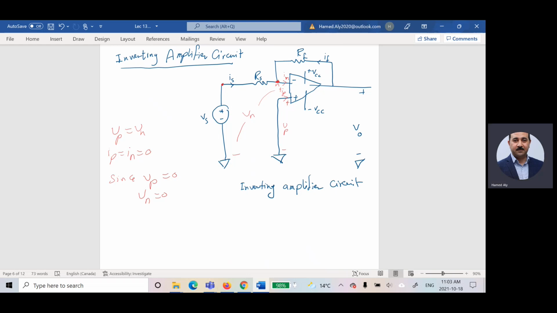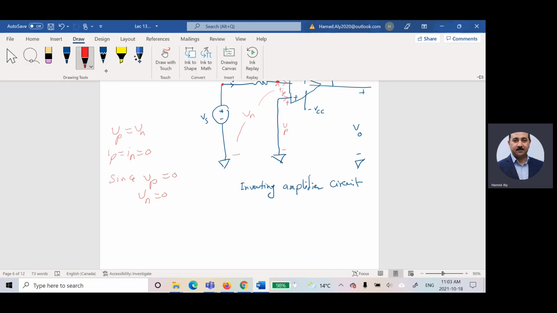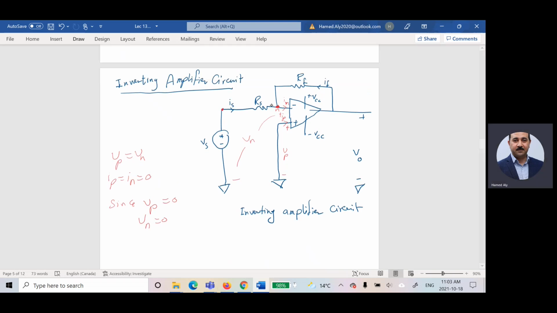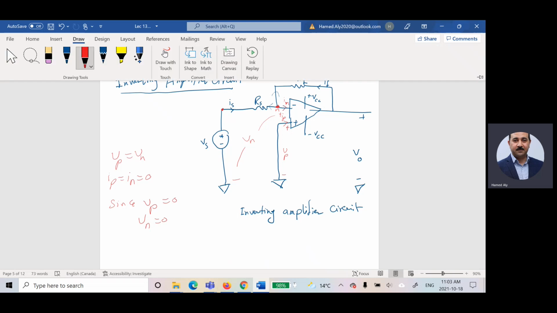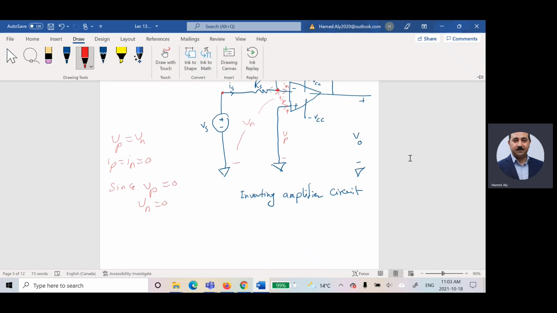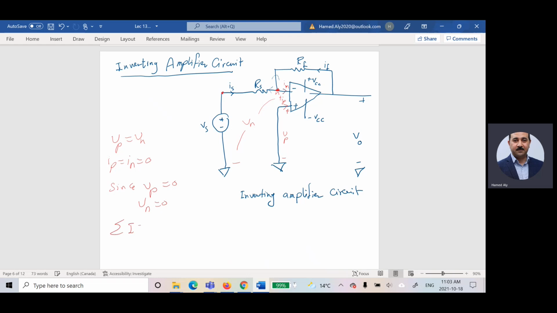Let us say summation of the currents for each node is equal to 0, and I have different currents. I have this current, this current, and this current. So I'm going to say summation I is equal to 0 for each node. I have only node N. That will solve the problem.